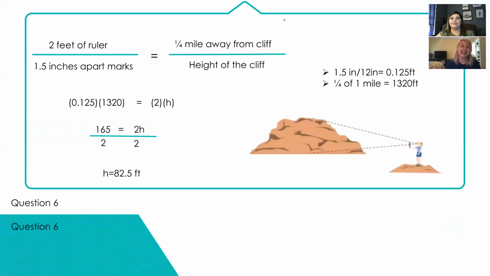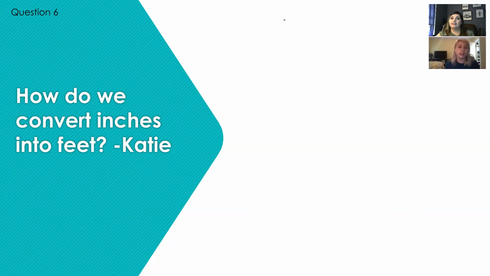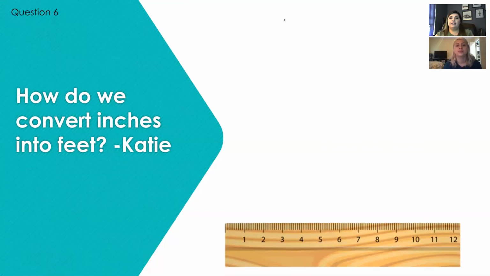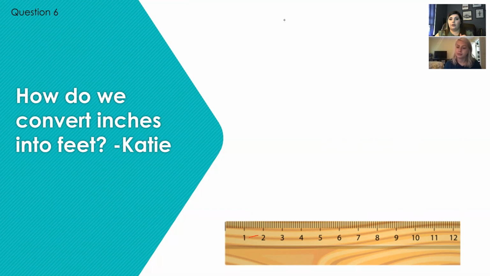Thank you. So now that we were talking about how to find the height of the cliff, we had to talk a little bit about converting. Can you go into more depth about how we would convert inches into feet? Yes. Whenever we think about converting inches into feet, there's one main thing you need to remember. We're going to look at a ruler here, and we know that in between each of these spaces equals 1 inch.